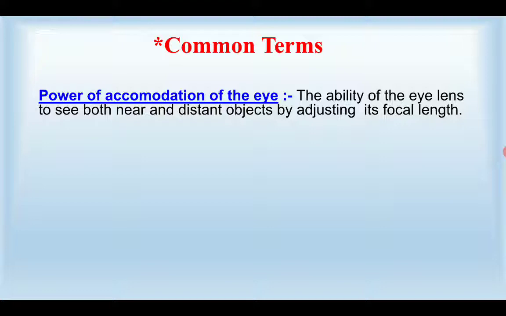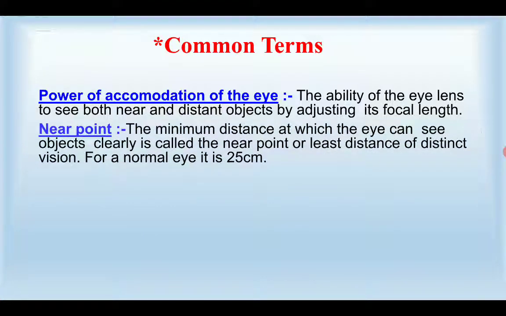So the near point is that particular point where the person can see the closest object placed to the eye. The near point is the minimum distance at which the eye can see an object clearly, and it is called the near point, or the least distance of distinct vision.